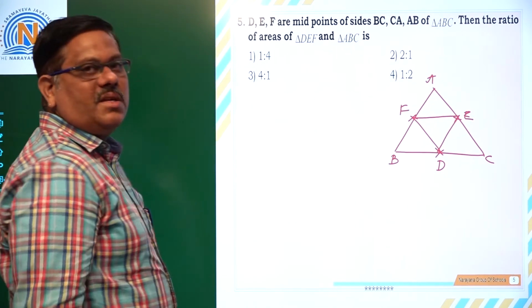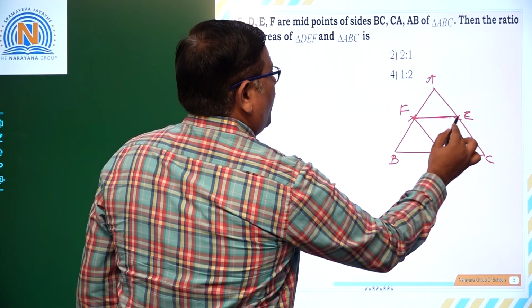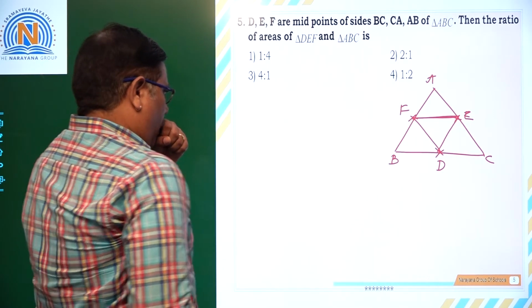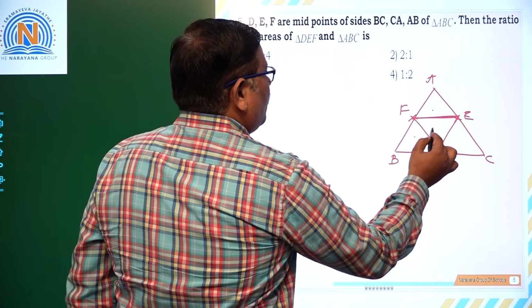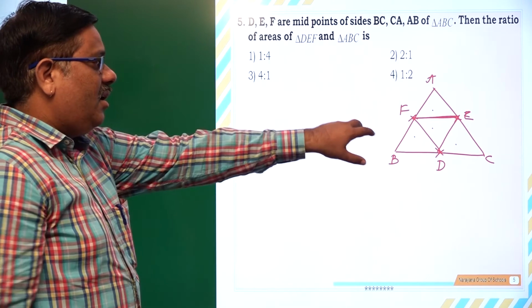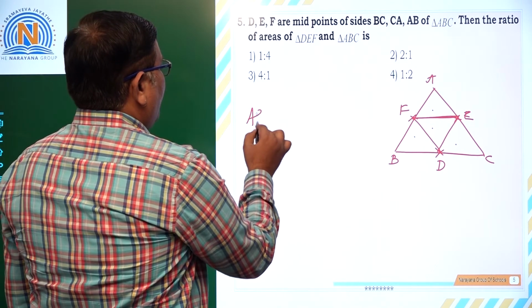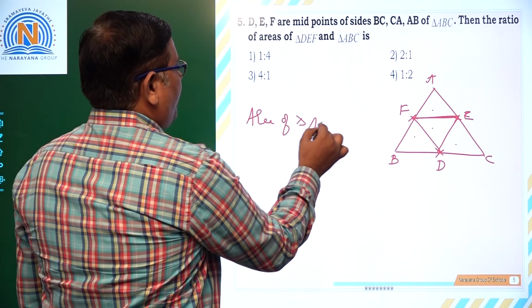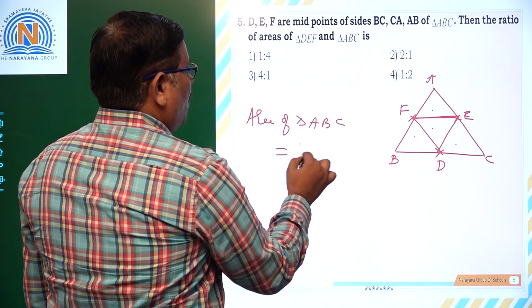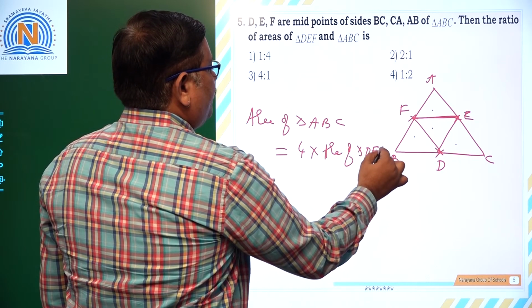DEF and ABC. We know that as these two are midpoints, here we are going to have 4 triangles of equal area, 4 congruent triangles. In fact, all areas will be same. So we can say area of triangle ABC is equal to 4 into area of triangle DEF.